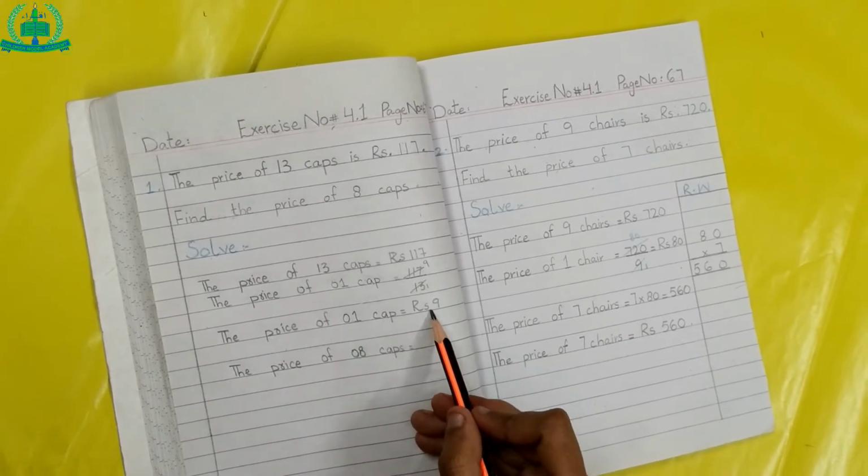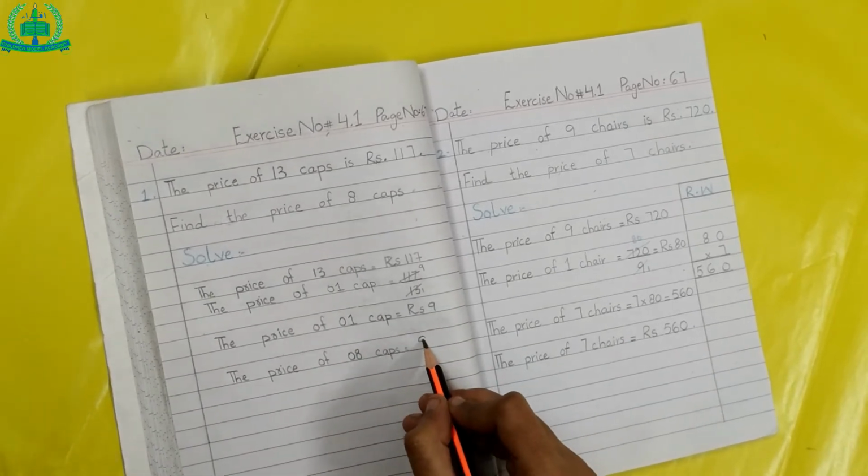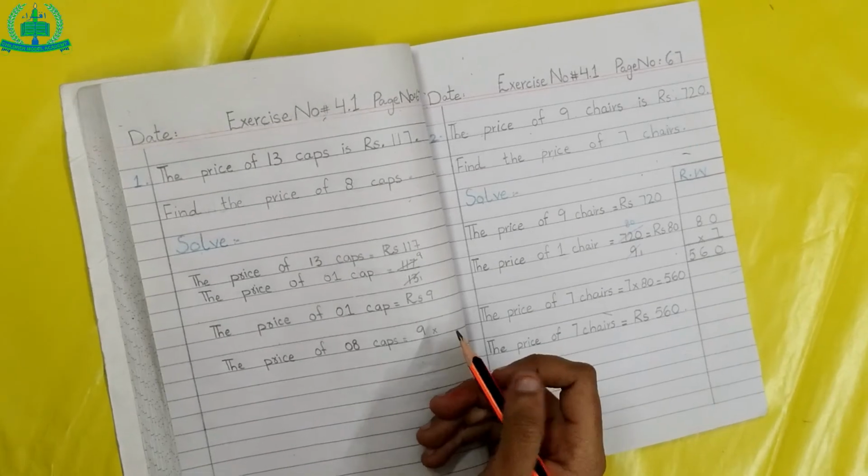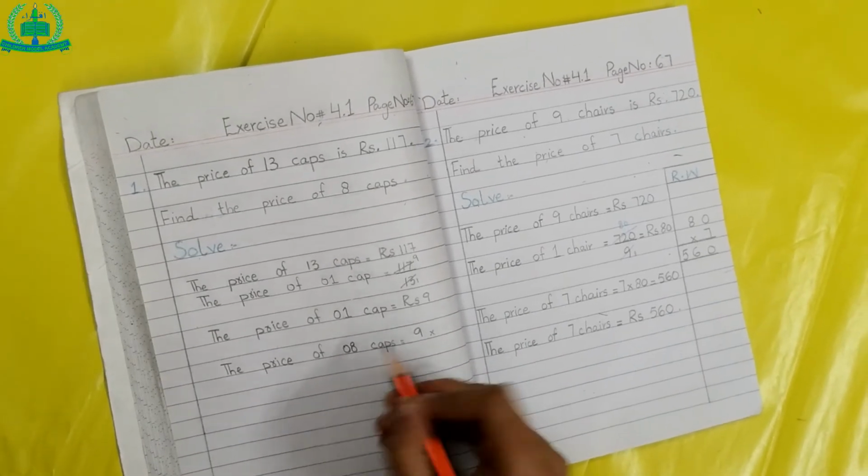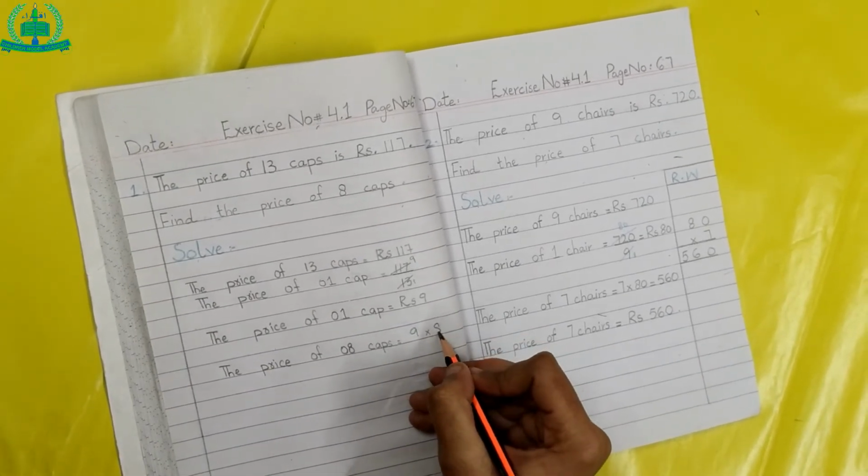Price of 1 cap is 9. So we write 9 multiply. Number of caps is 8. So we will write 8.